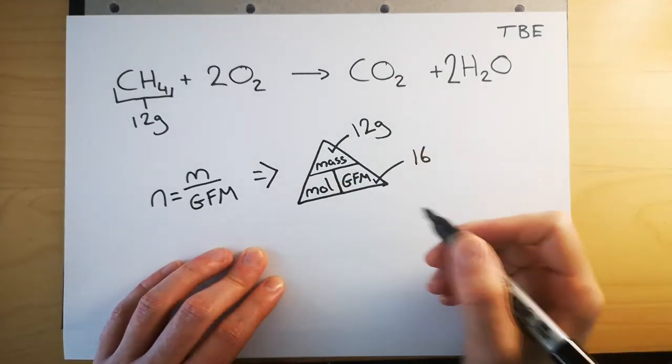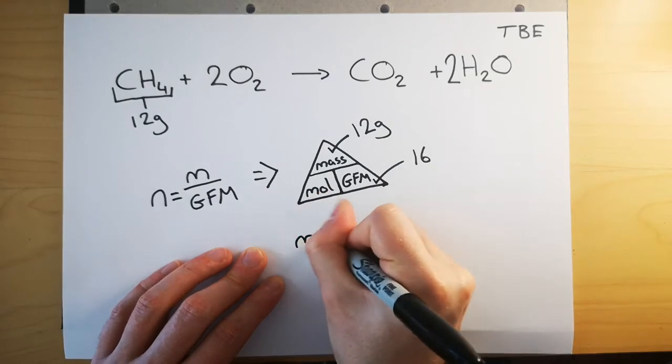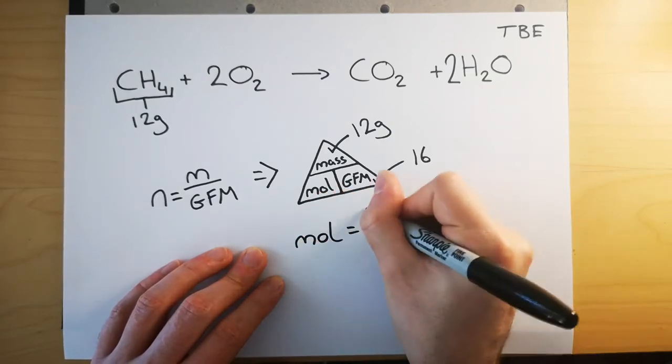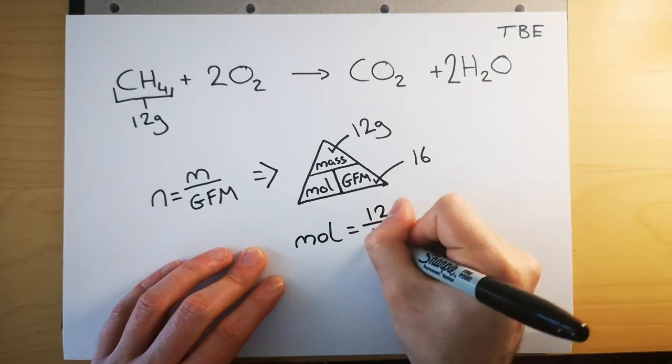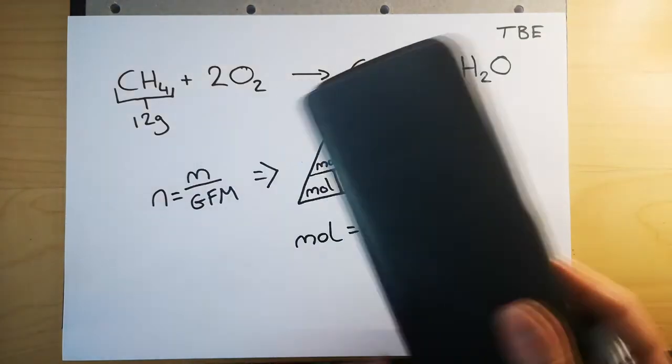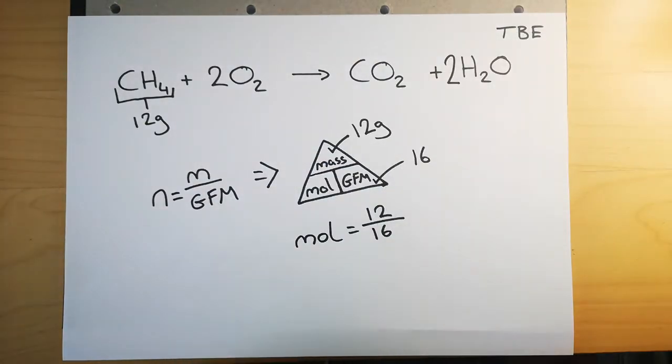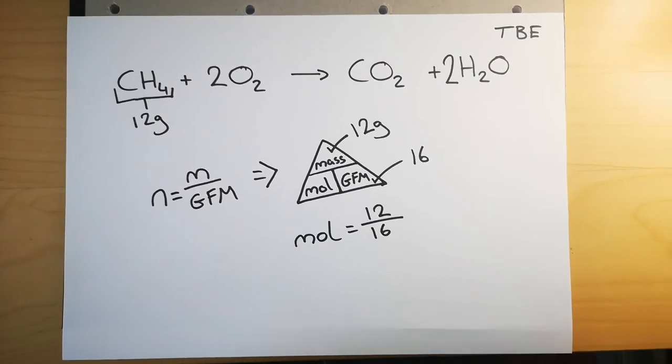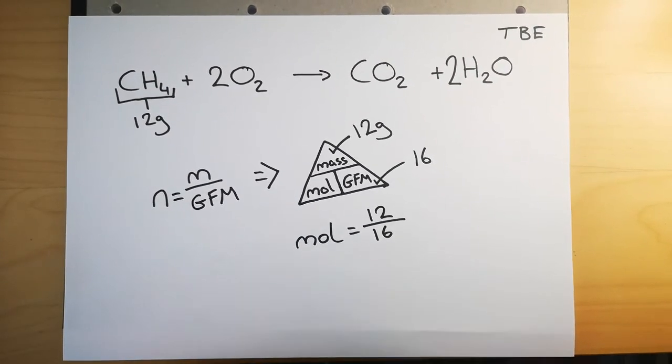Now, the number of moles is simply calculated by 12 divided by 16. It's a good idea, if you don't have one already, to get yourself a scientific calculator. These ones do BODMAS internally, so you don't need to worry about doing BODMAS every time.